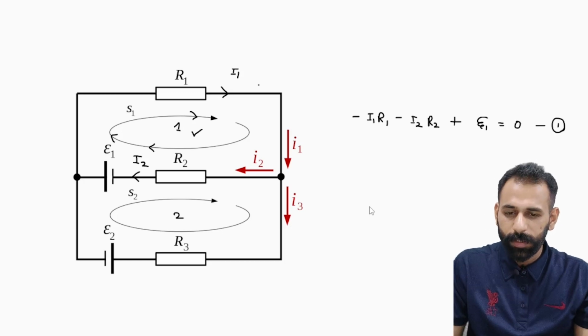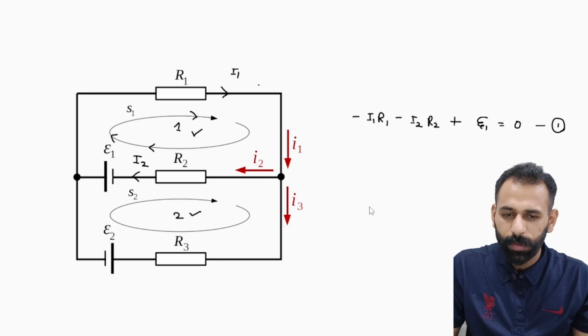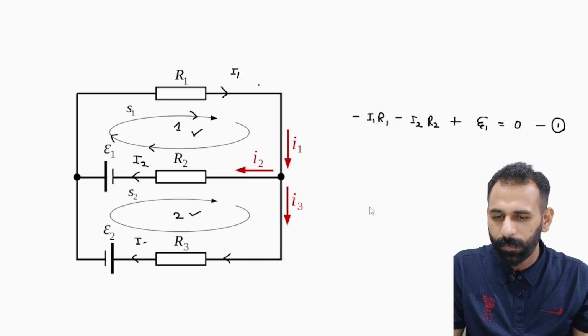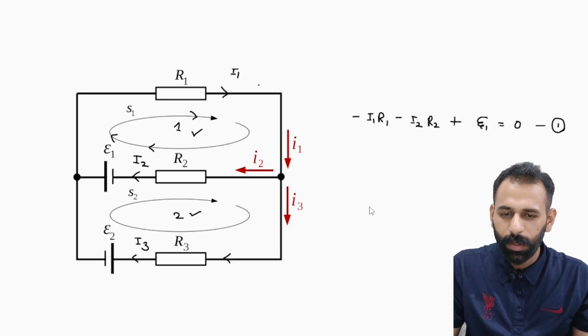Okay. Now next is corresponding to loop 2. Here the current I3 is flowing through the resistance R3. Corresponding to this loop 2, this loop is opposite in direction to the current I2, so it will be taken as plus I2 R2.